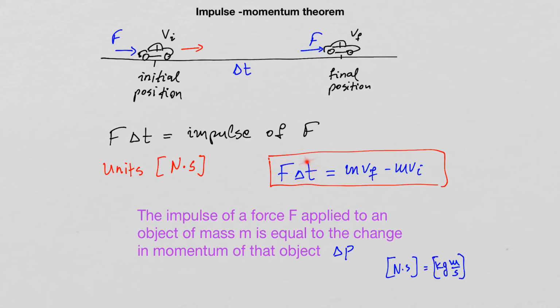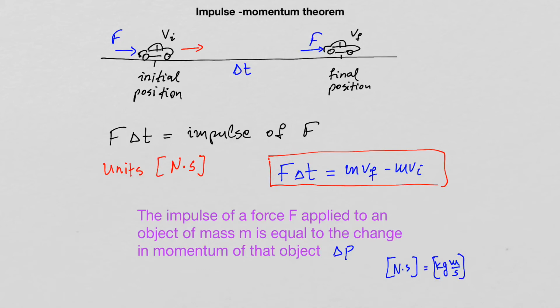But the impulse is the product of two terms, force and time interval. So we know the value of the impulse, but we notice here that if I vary those two terms accordingly, I can minimize the amount of force required for the change in momentum while increasing the amount of time for which this force was applied.